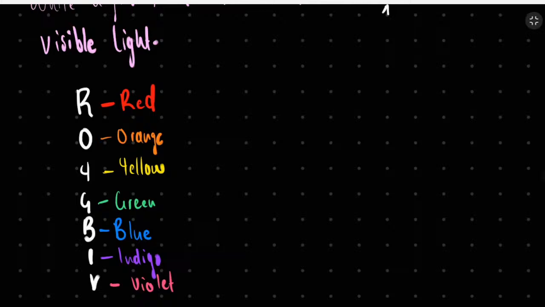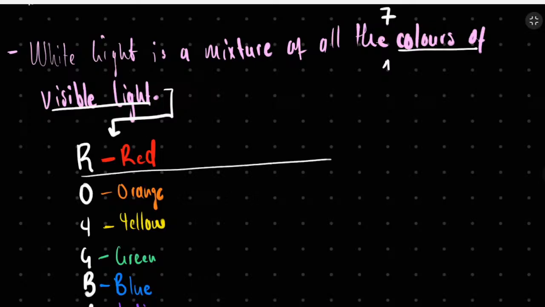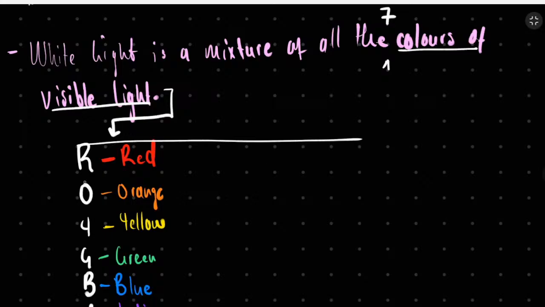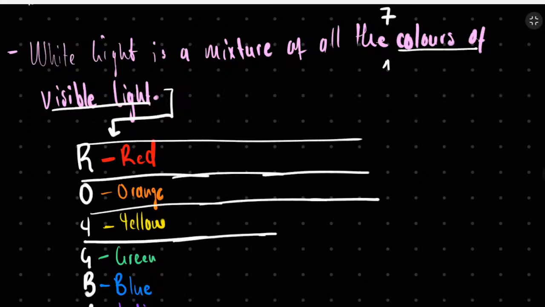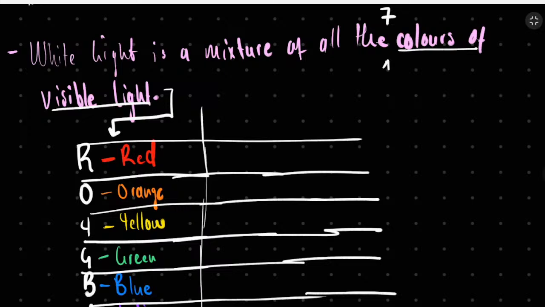What I want you to know is that these are the 7 colors of visible light. Because they are all visible lights, they all move at the speed of light. But what I want you to know is that they all have different wavelength and frequency.